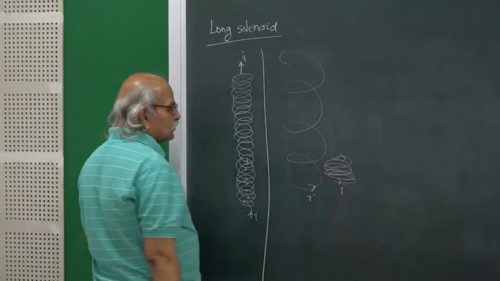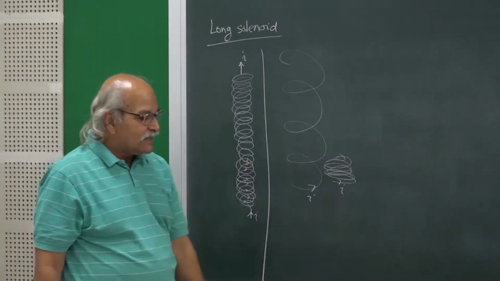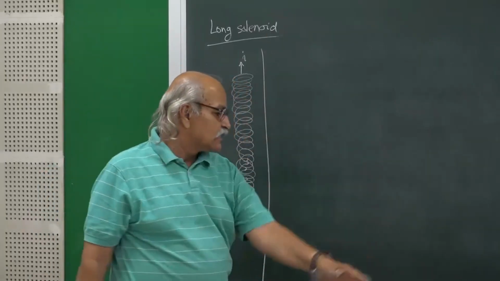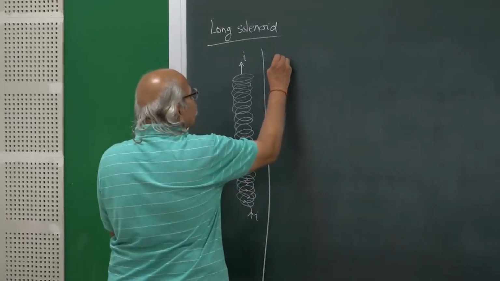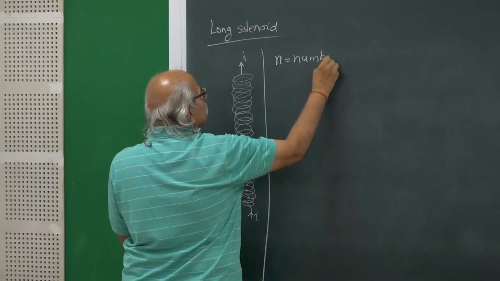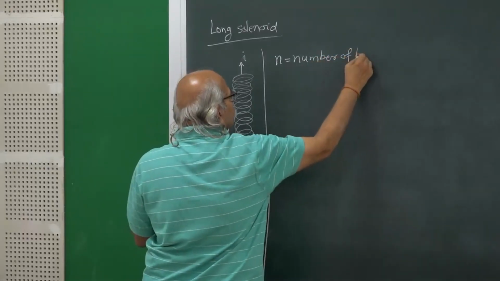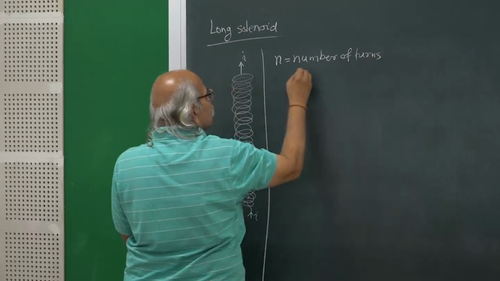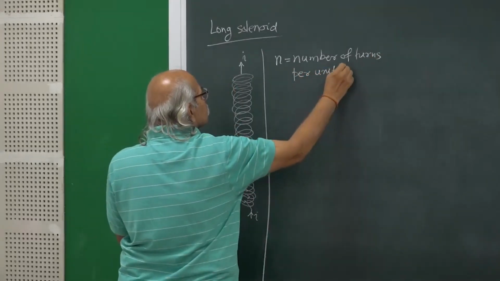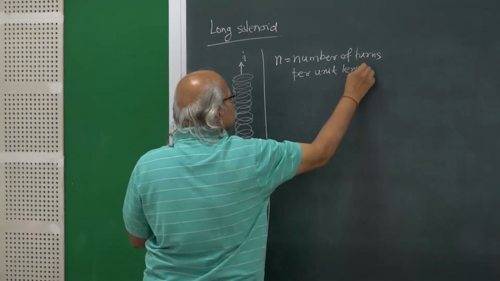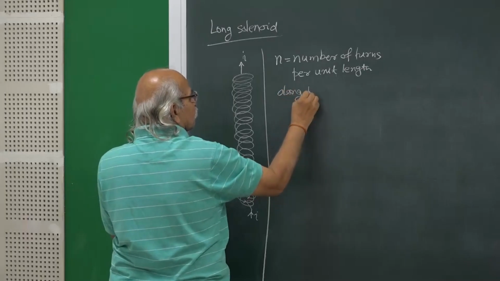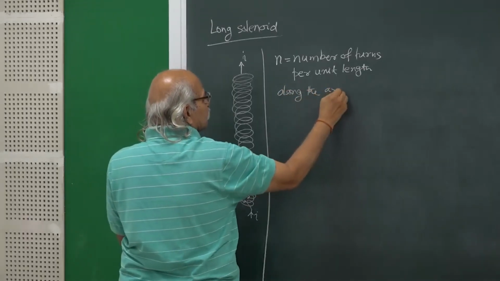All right. So the number of turns per unit length is an important parameter, and let us say small n is the number of turns per unit length, along the axis of the solenoid.